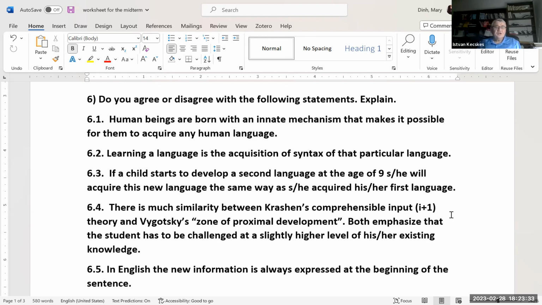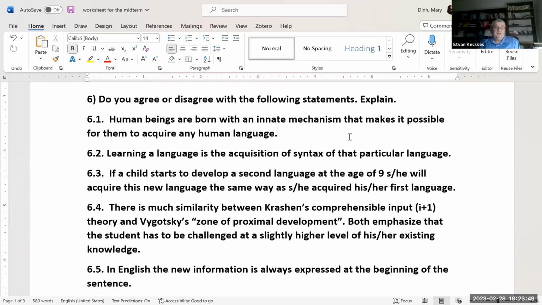So the first one says, human beings are born with an innate mechanism that makes it possible for them to acquire any human language. Do you agree or disagree? In this case, for example, you can say, I agree, or you can say, I disagree.